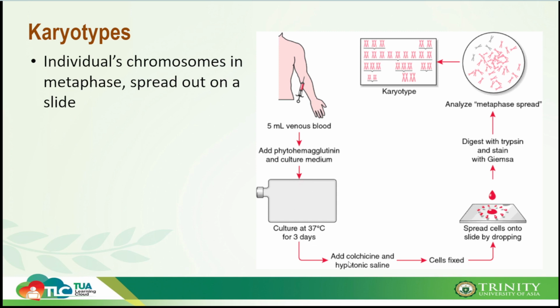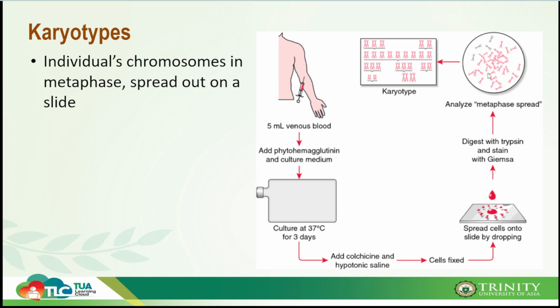Afterwards, lalagyan siya ng colchicine. Para sa naman yung colchicine? To stop cell division. So after 3 days, those cells are already in metaphase. So we will stop the process para hindi na siya mag-anaphase. We'll put it on a slide, put some stains, and then look at it under the microscope. So under the microscope, parang ito nasa circle lang yung nakikita natin, no?